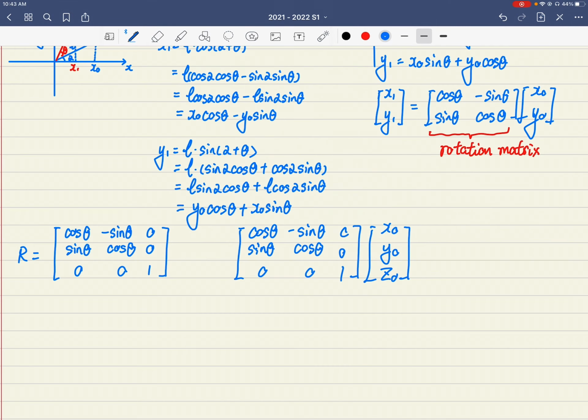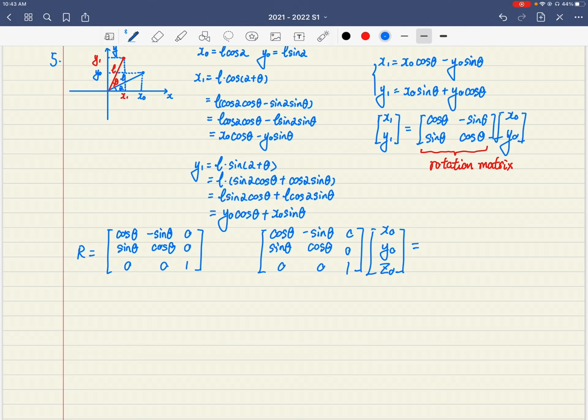After the rotation, let's do the matrix product. It's this times this: cosine theta x naught minus sine theta y naught.